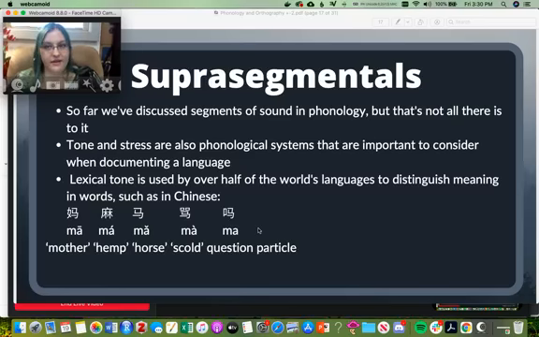Languages can have lots of tones, 6, 7, 8 tones, or it could only have 2 tones, high and low is what you usually see for low numbers of tones. And this is a very common thing throughout the world. In fact, it's estimated that 60 to 70% of the world's languages are tonal, but they tend to cluster in certain parts of the world a little bit more sometimes. So that is tone, which is a suprasegmental.